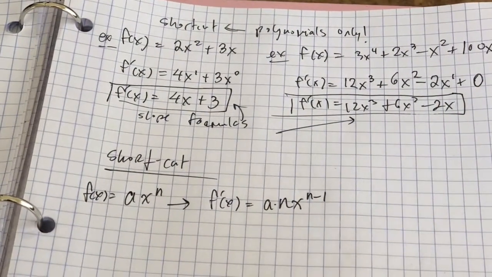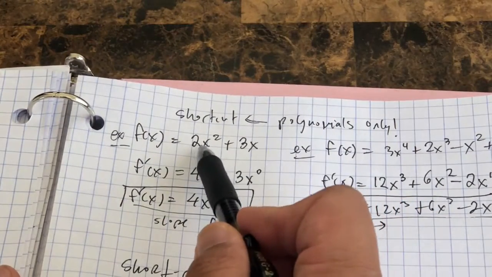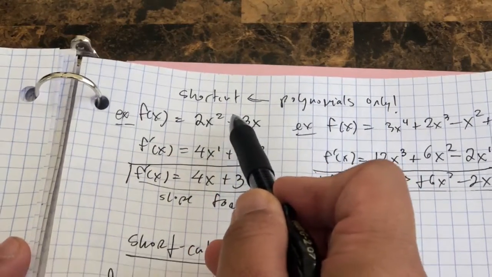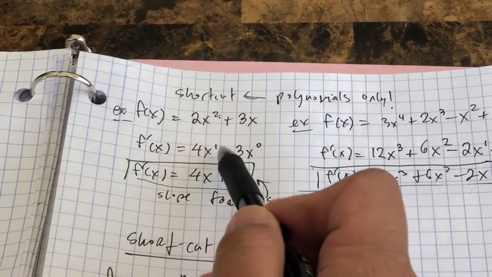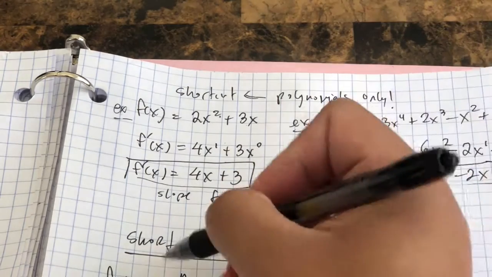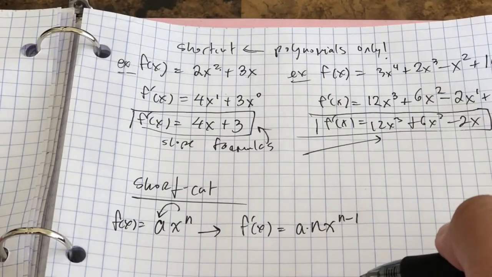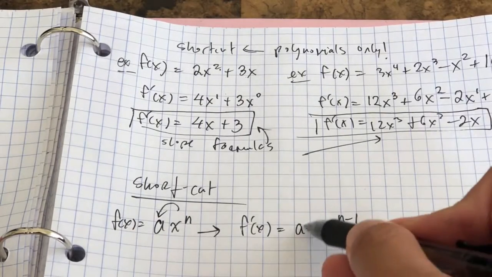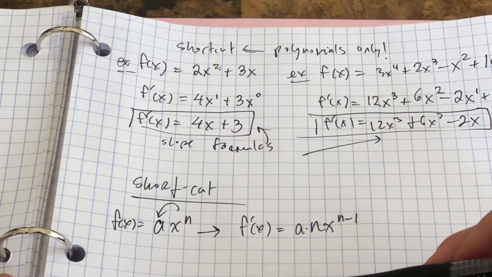That's my shortcut. So when it comes to these, I'm basically applying the shortcut to each term in the polynomial. So I subtract this by 1 to get x to the first, and the 2 drops. So basically, this n is dropping to multiply to whatever coefficient is there, and it subtracts by 1.